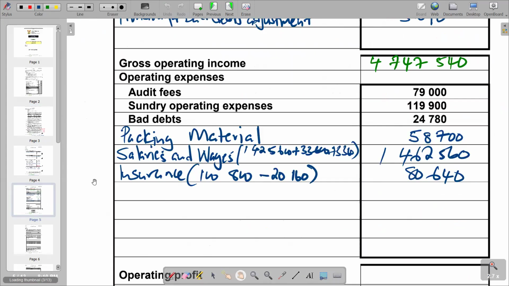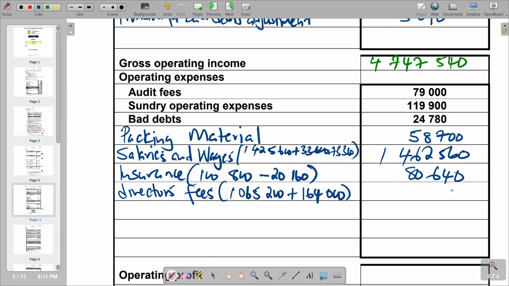So here we are saying director's fees. For director's fees, we are adding the 1,065,200, and then we add the 164,000.